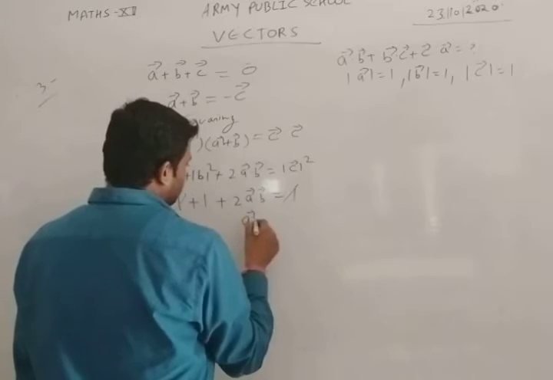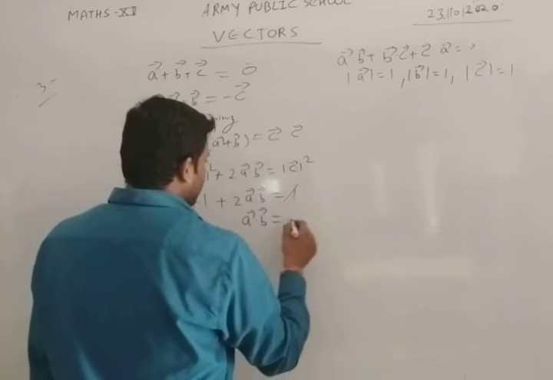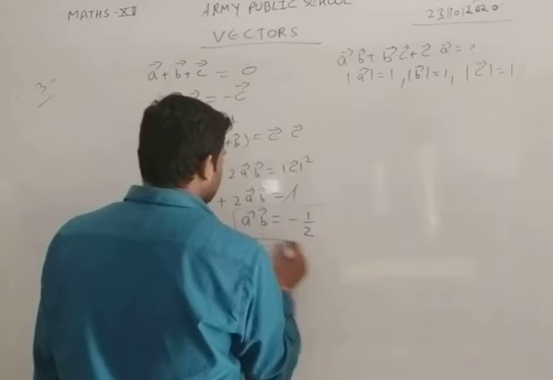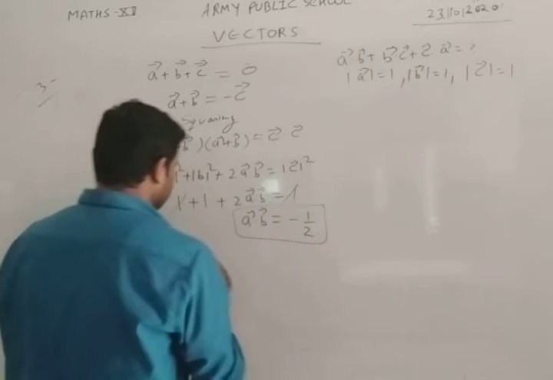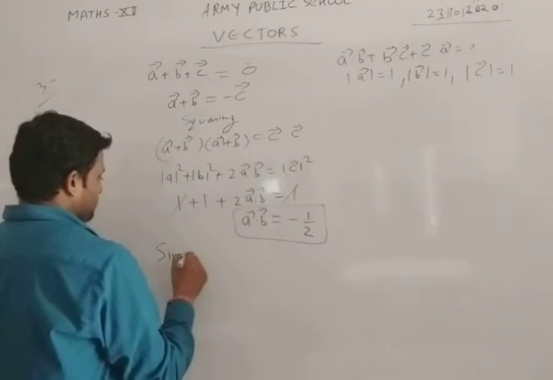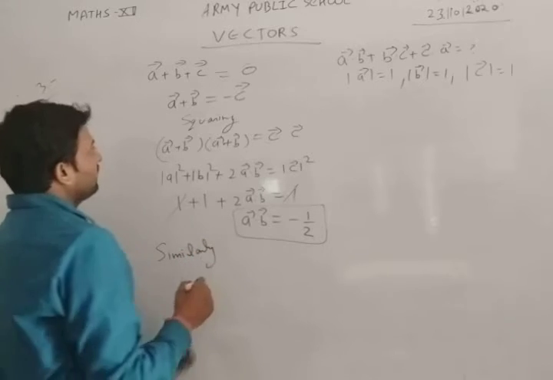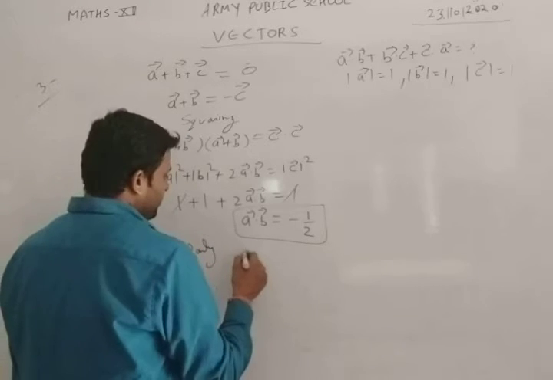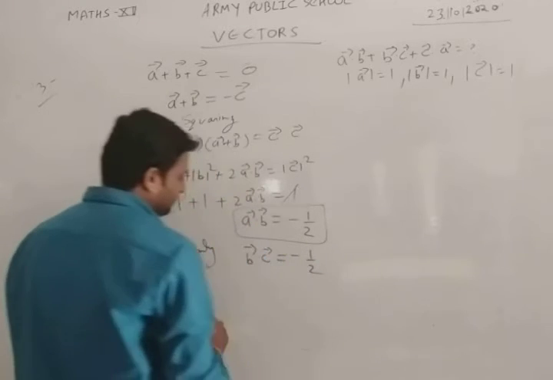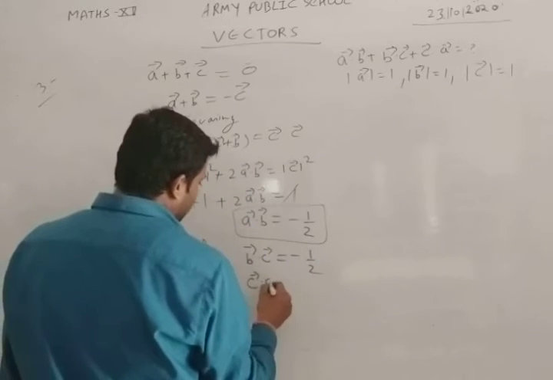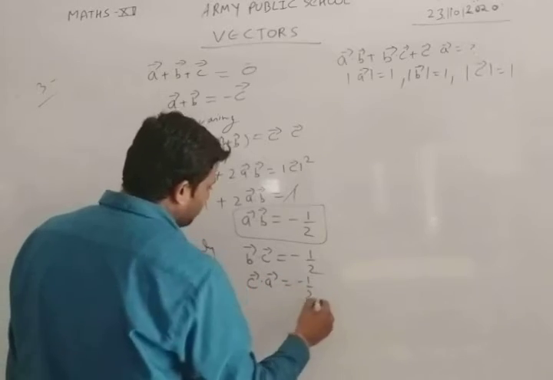So A dot B will be what? Minus 1 by 2. Similarly, we write B dot C is equal to minus 1 by 2, and C dot A is equal to minus 1 by 2.